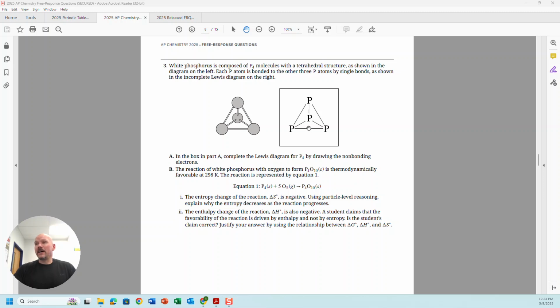And right now, each phosphorus only has 6 around it, right? A bond, a bond, a bond. Each bond is 2 electrons being shared. So we got 2, 4, 6 for each phosphorus. Remember, phosphorus must have at least 8. So all I have to do is add a lone pair there, a lone pair there, a lone pair there, a lone pair there, and I'm probably done.